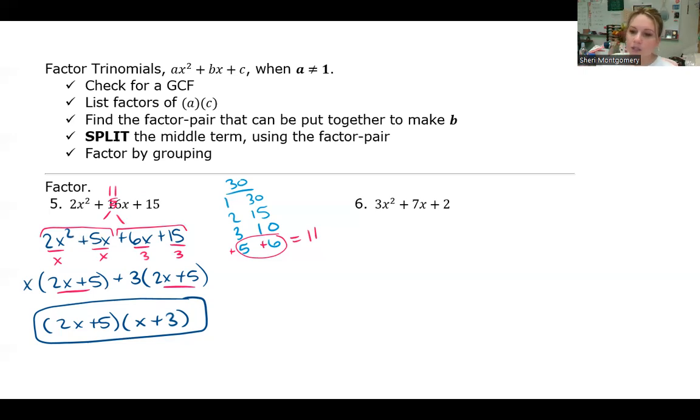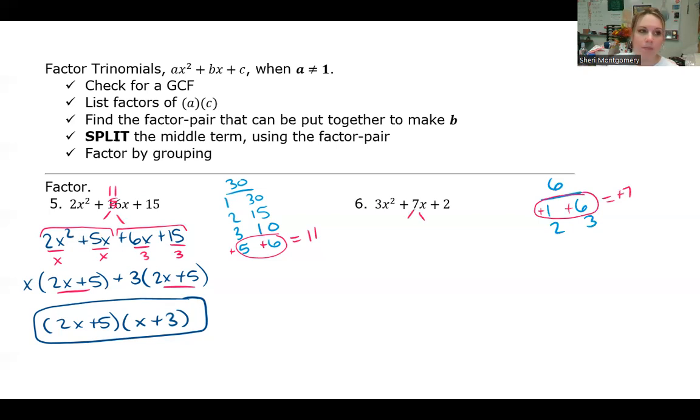Let's do it. So we've got to do 3 times 2 and we get 6. So factors of 6. Which pair could we put together to make 7? 6 and 1, positive 1, positive 6, that could be put together to give me positive 7.